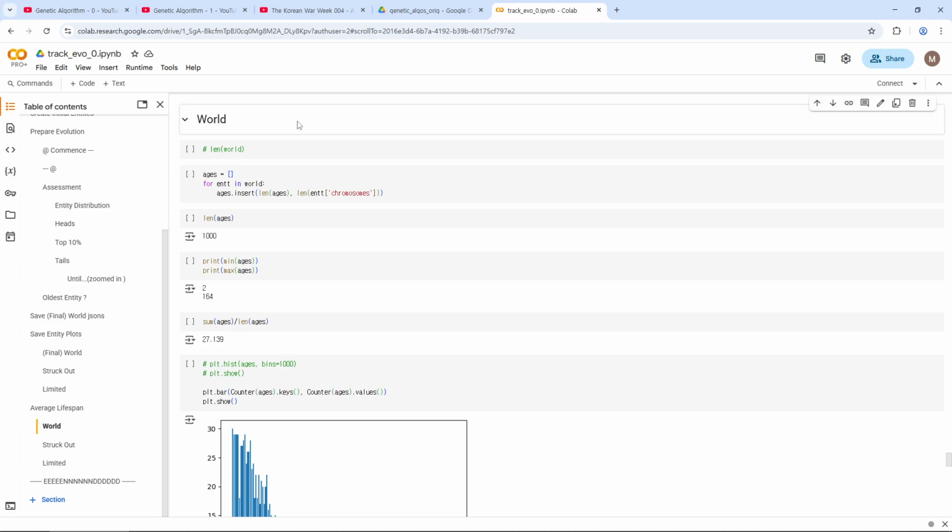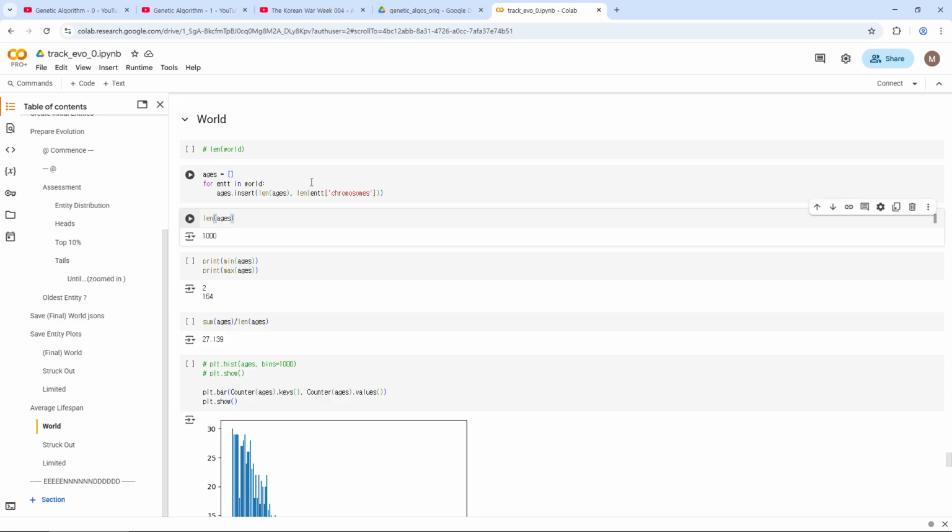So in the final state of the world, there are 1,000 entities, and in the current version of how the entities are designed, I could get their ages by measuring the length of their chromosomes, because in this version every generation would force every entity to go through mutation, and because the mutate function is at the very end, it would add the new slightly mutated chromosomes at the end of the list of chromosomes.